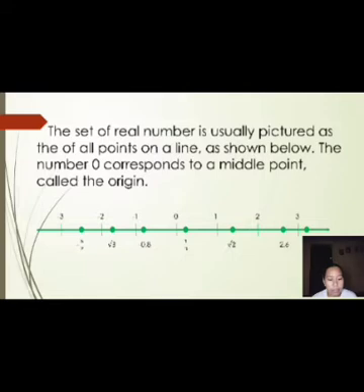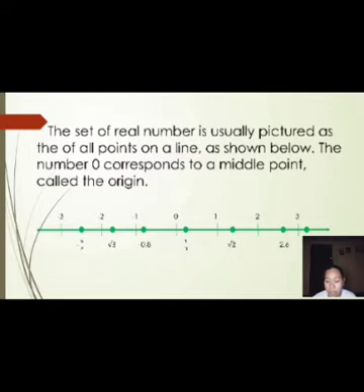The set of real numbers is usually pictured as all the points on a line, as shown below. The number 0 corresponds to a middle point called the origin. As you can see in the picture below, the set of real numbers is usually pictured as the points on a line.